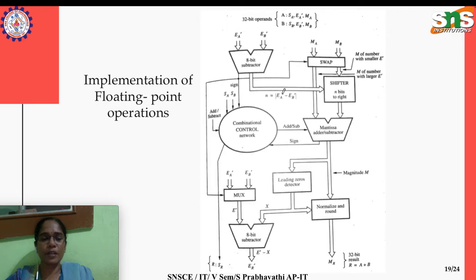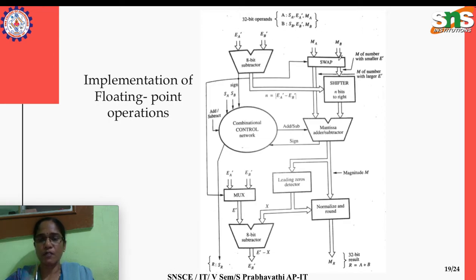So how many positions do we need to shift the mantissa? Here in this swap network we are giving both the mantissas, and based on the sign bit of this resultant, if the sign is negative, what does it mean? This mantissa B has to be shifted, right?